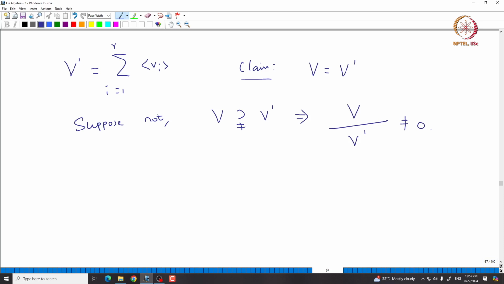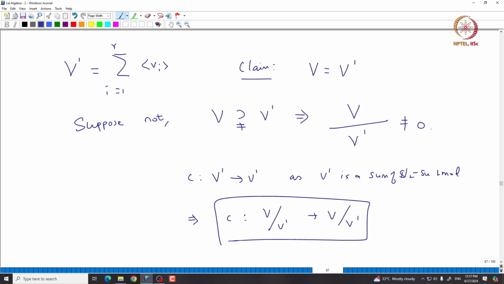So, now look at that operator C, because C actually leaves V' invariant, as V' is a sum of sl2 submodules. So, then that will imply that C induces an operator on this quotient as well.